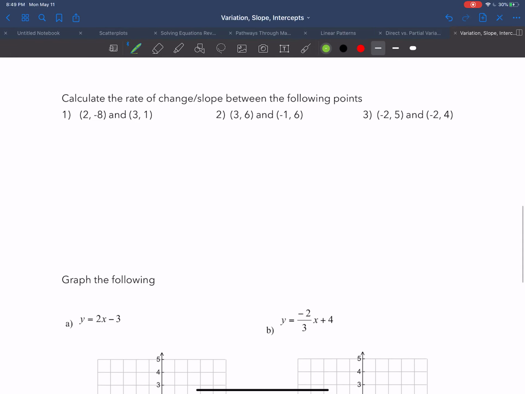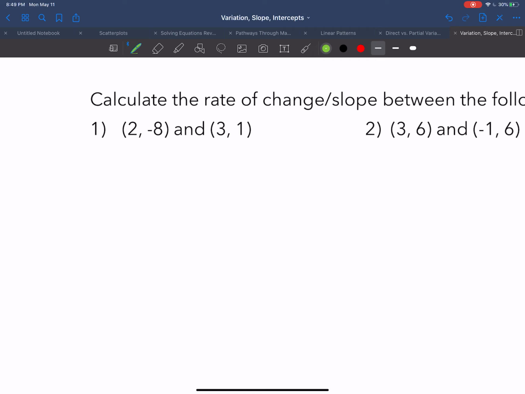So we have the equation: slope is equal to y2 minus y1 over x2 minus x1. So you just decide which one is going to be your first point and your second point. So I'll call this x1, y1, x2, y2.